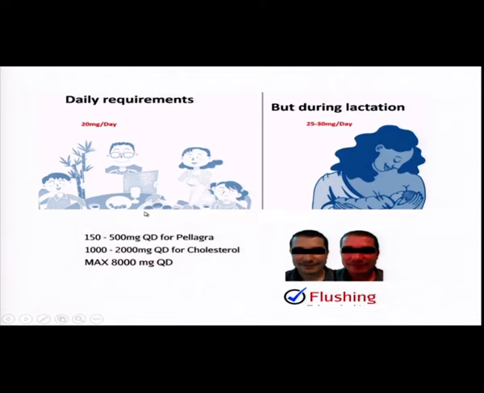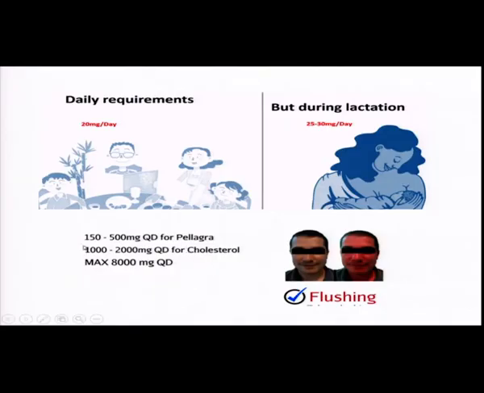If a person is already on a balanced diet, you do not have that issue. We are talking about people who need to make up for niacin deficiency built up over a period of time, whereas the normal daily requirement would be only 20 mg per day. So, for pellagra it can go up to 150 mg to 500 mg.